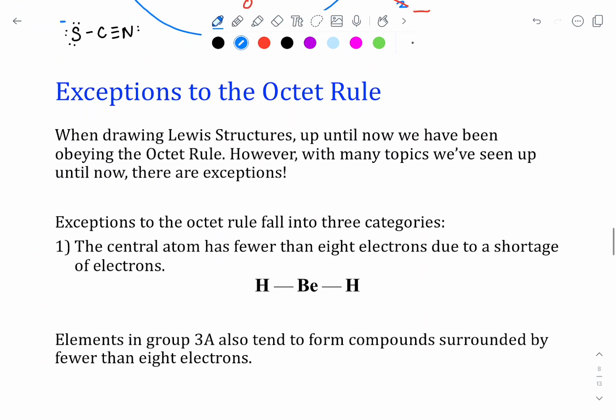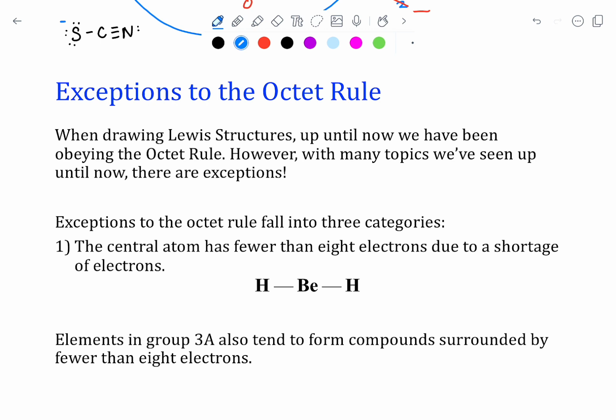Now that we know how to draw Lewis structures and figure out the formal charge for each atom in the Lewis structure, we can now talk about some of our exceptions to the octet rule. Now, we've seen many exceptions to many of our concepts so far in our lessons, so of course we're going to have some exceptions to our octet rule.